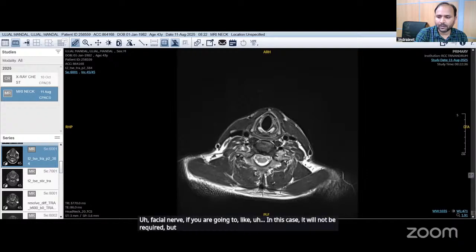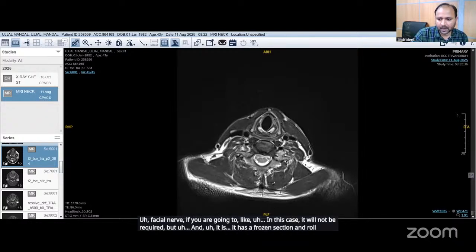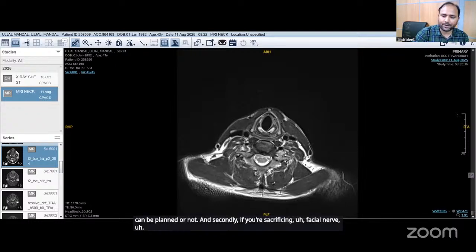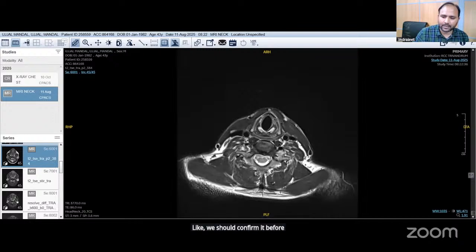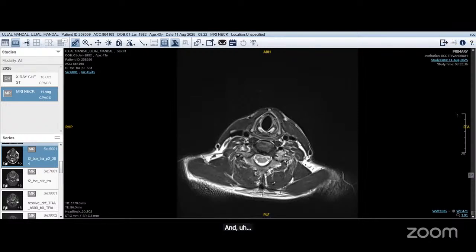But it has a role in knowing the nature of the lymph node in level 2, sir, so that accordingly neck dissection can be planned or not. And secondly, if you are sacrificing the facial nerve, we should confirm before sacrificing the nerve that it is involved.